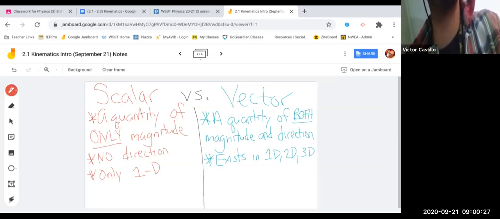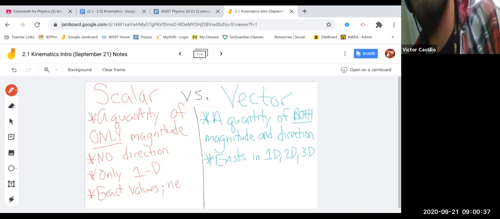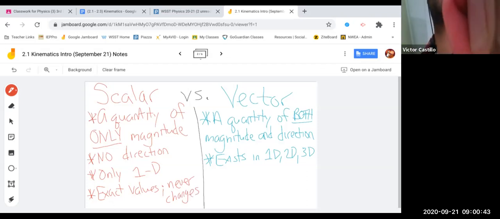Scalar also has exact values. It never ever changes.